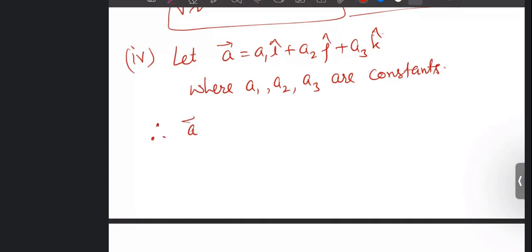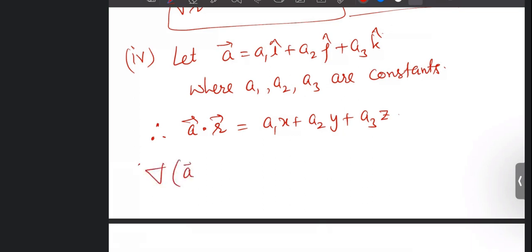Therefore, a dot r, the dot product of these two, will become a1x plus a2y plus a3z. Now our aim is to determine the gradient of a dot r, because a dot r is a scalar quantity.